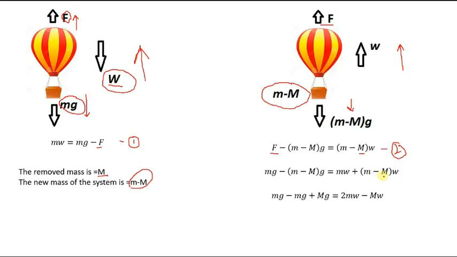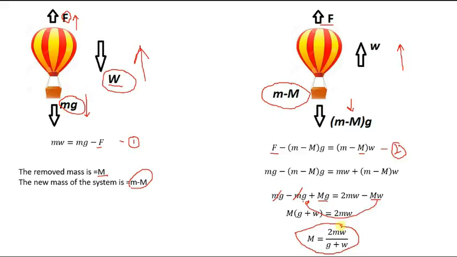Simplifying by multiplying g inside the bracket gives mg minus mg plus Mg equals 2m w minus M w. The mg and mg cancel each other, and bringing M w to the left hand side and taking M common gives M times (g plus w) equals 2m w. This gives us M equals 2m w divided by (g plus w).